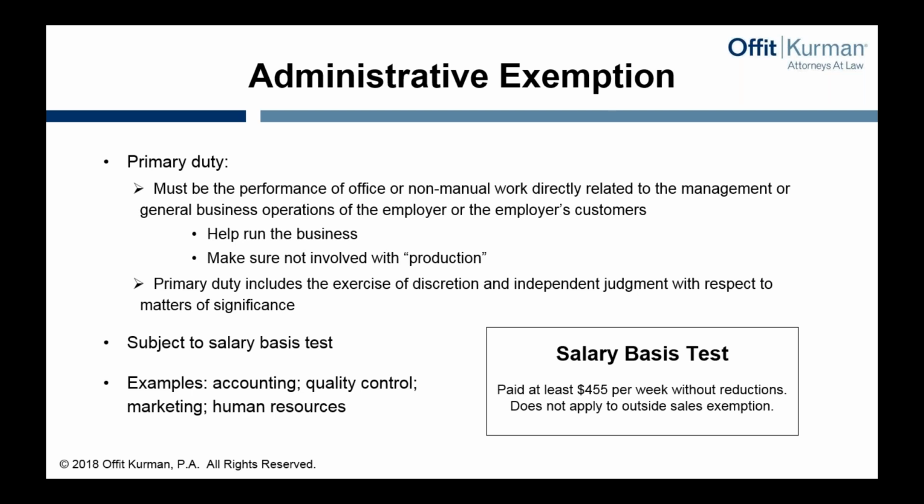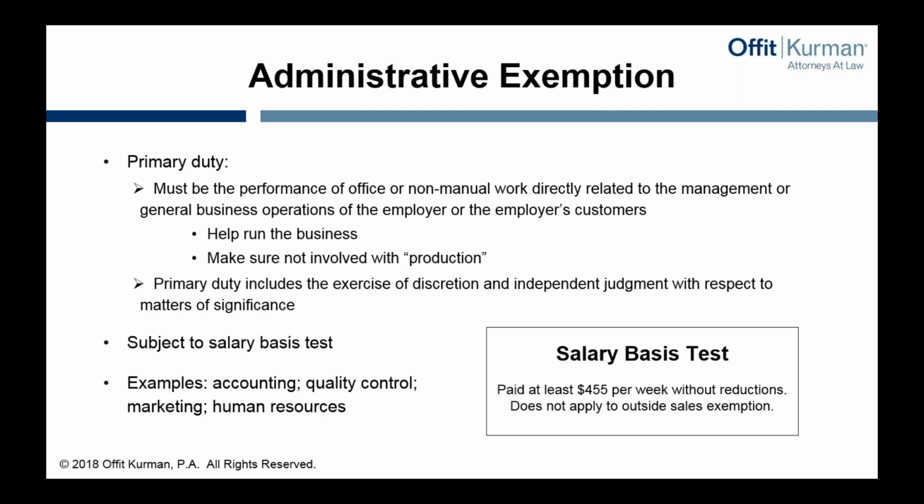Instead, it's people whose primary duty covers that type of work, but who also have a primary duty that includes the exercise of discretion and independent judgment with respect to matters of significance. So that's not necessarily C-level people only, but it's more than simply following instructions or carrying out tasks.